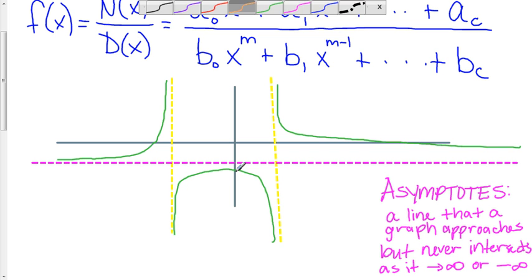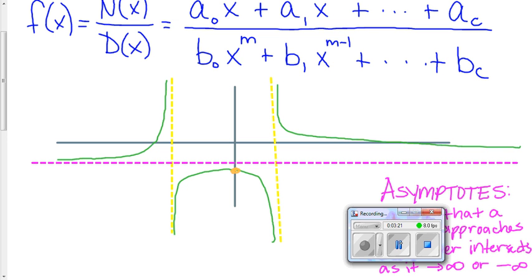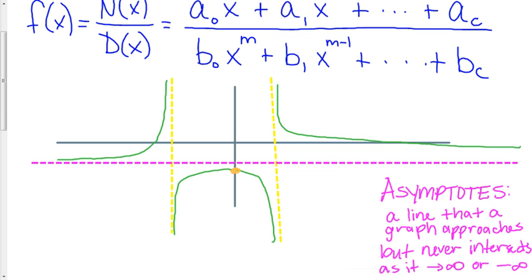And there is a y-intercept in this case. The y-intercept, just like the y-intercept in any polynomial function, is going to be equal to the constant term, whatever it happens to be. Or just substitute a 0 in for everything and then solve it.